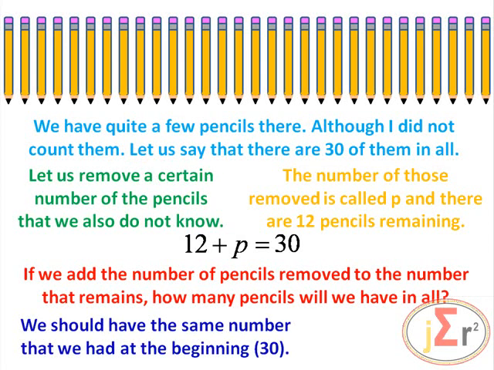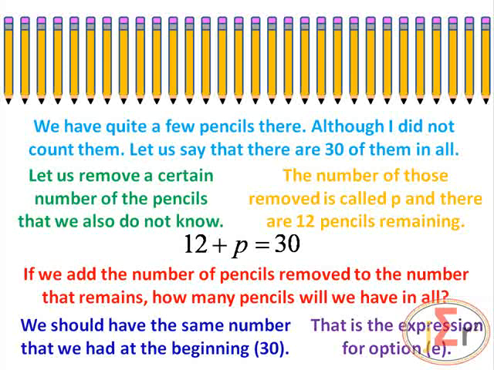We will have 30 pencils if we take away some of the pencils and replace them. It is as if we did not take away any at all. And that is the expression that we had for option E. So we are sure that option E is the other option that we were looking for.